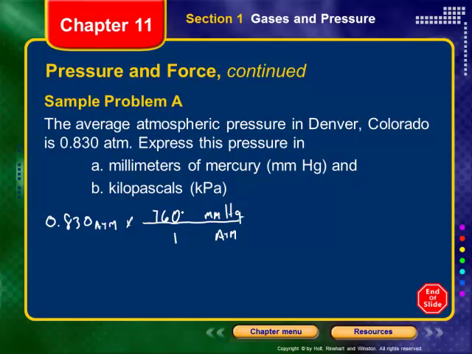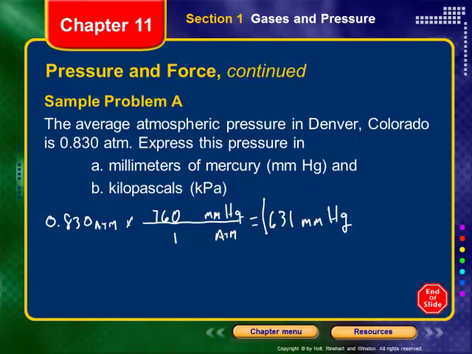Now that's an exact number, so we're not concerned with sig figs there. So if we just do the multiplication, 0.830 times 760, to 3 sig figs, I get 630.8, so we would round that to 631 millimeters of mercury. Okay, so that's our first answer.